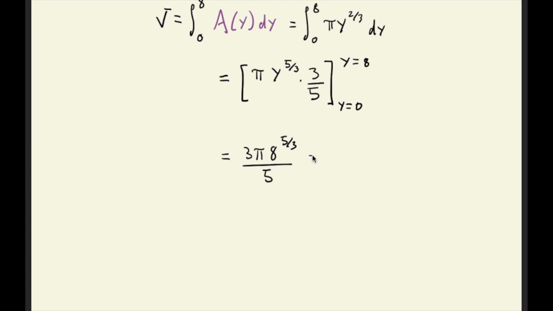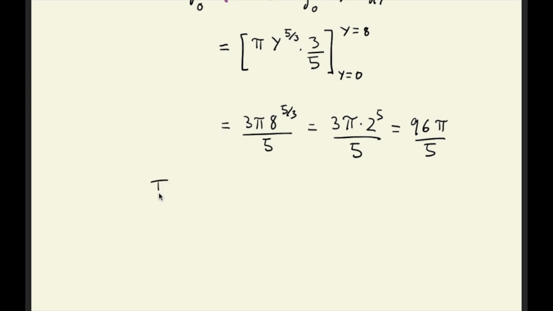But 8 to the 1/3, the cube root of 8, is 2. So this is 3 pi times 2 to the 5th over 5. 2 to the 4th is 4 squared, which is 16, and 2 to the 5th is 2 times that, which is 32. 3 times 32 is 96 pi over 5. That's it.